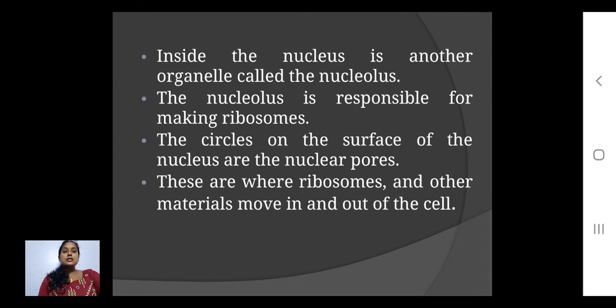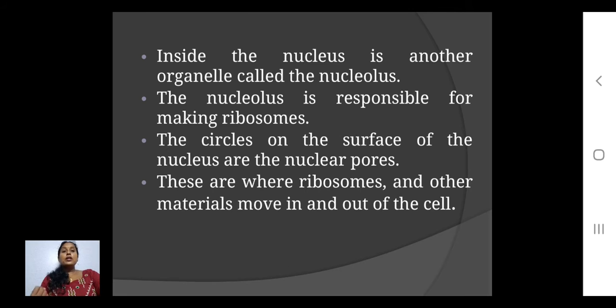The circles on the surface of the nucleus are the nuclear pores, and these are where the ribosomes and other materials move in and out of the cell. Inside the cell, other than the nucleus, there are different other organelles also. Each and every organelle needs support from the nucleus, because the nucleus is the center area where all the systems and mechanisms have to be controlled.